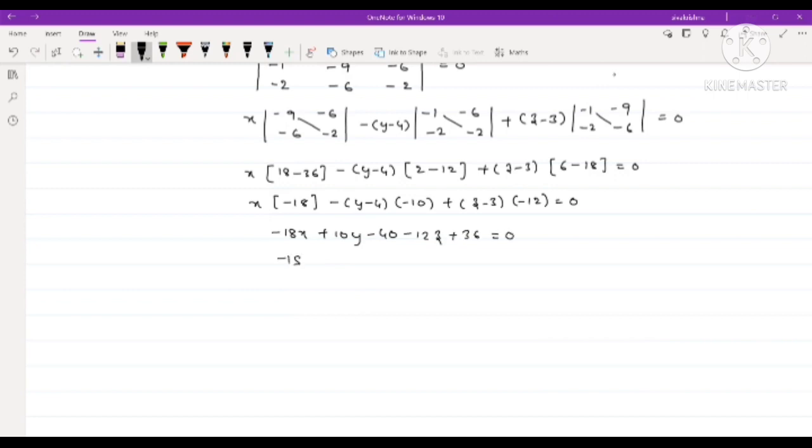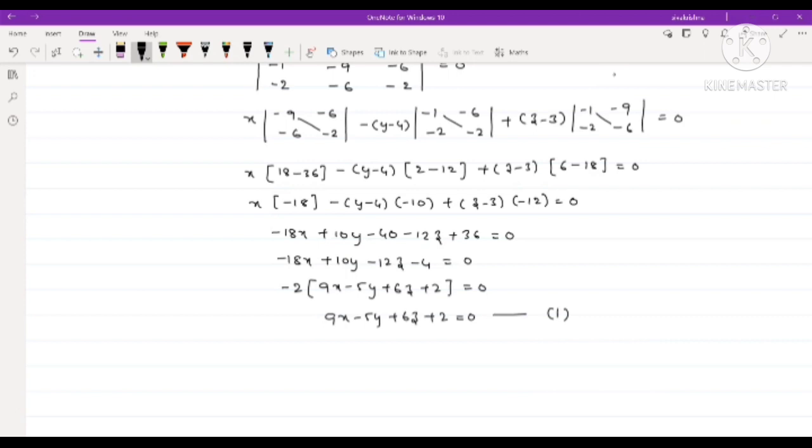So first we write the x term, that is minus 18x plus 10y minus 12z. Minus 40 plus 36 means minus 4 is equal to 0. So we cancel minus 2 from this equation, so that we get minus 2 into 9x minus 5y plus 6z plus 2 is equal to 0. So that we get 9x minus 5y plus 6z plus 2 is equal to 0. This is the equation of the plane passing through 3 points.